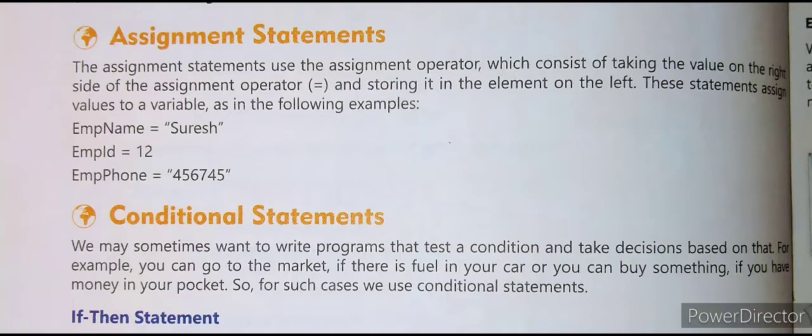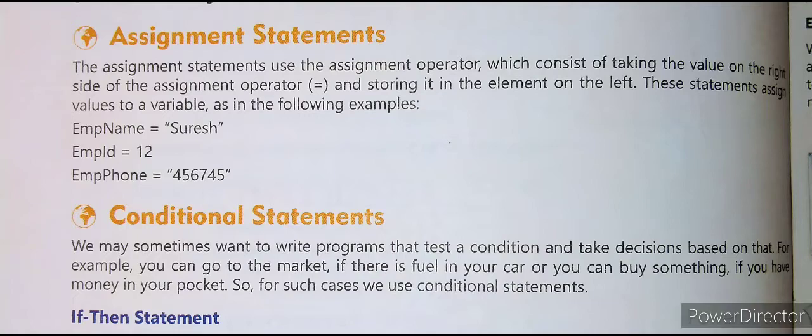For example, employee name equal to, within double quotes you must give the name of the employee. Next, another example, employee ID equal to 12. Employee phone number equal to 45674578. Any numbers you can give.